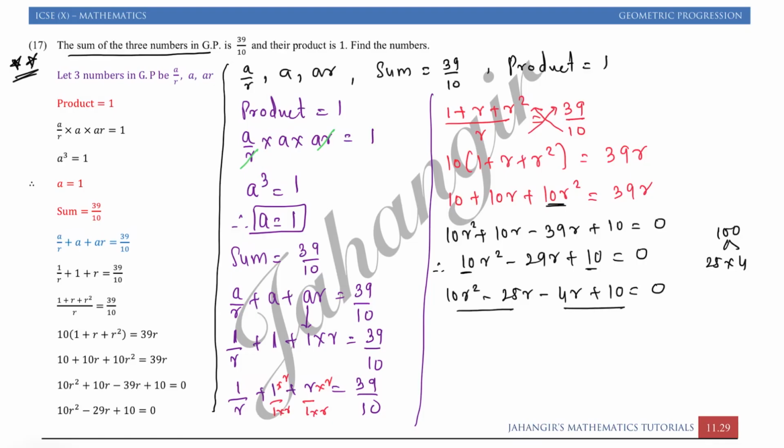Taking out common, 5R into 2R minus 5, minus 2 into 2R minus 5, sorry, the sign should be minus over here, is equal to 0. So we can write 2R minus 5, 5R minus 2 is equal to 0.